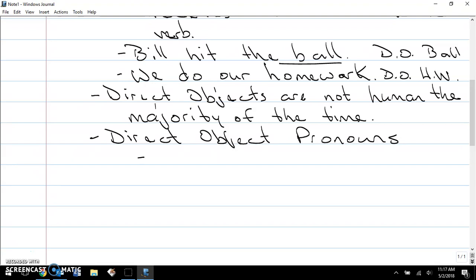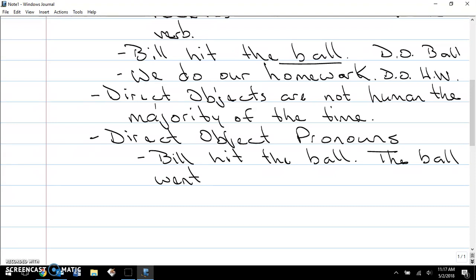So say you're telling a story. Bill hit the ball. The ball went over the fence.